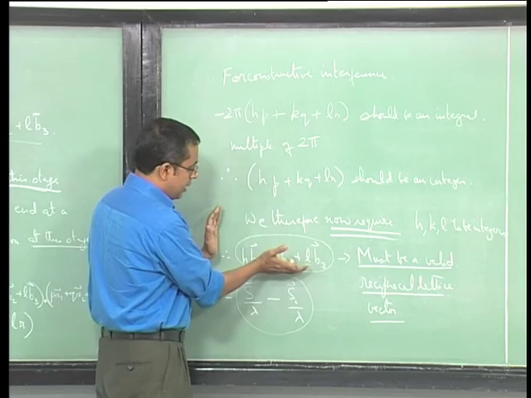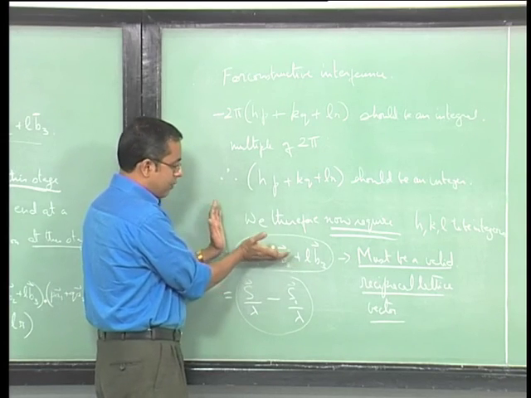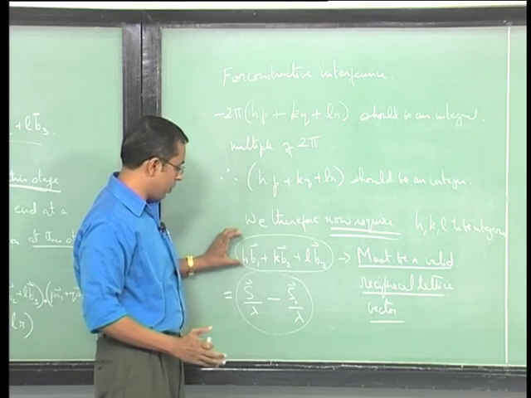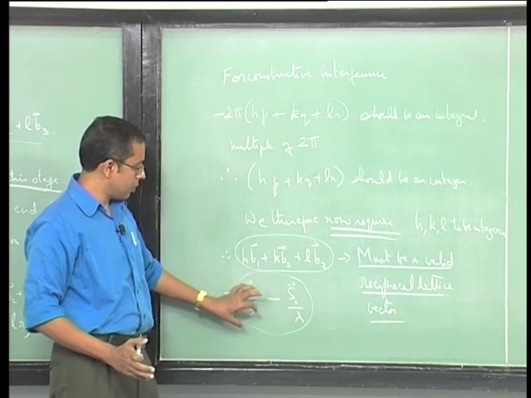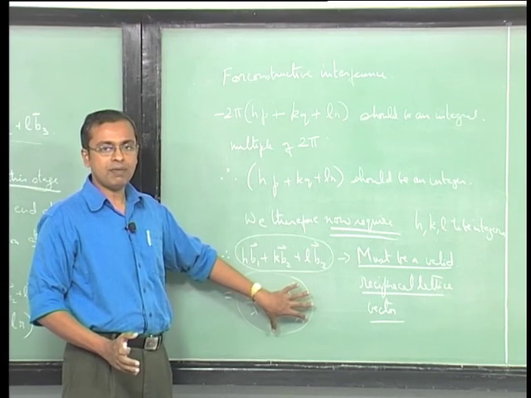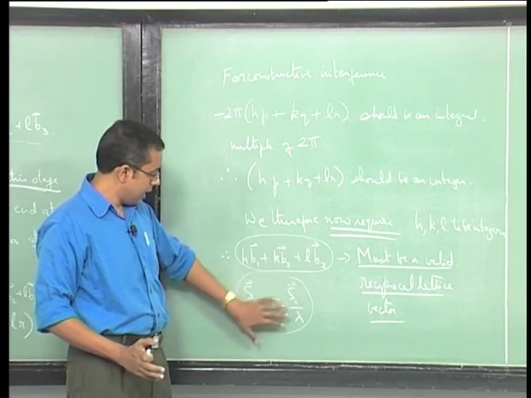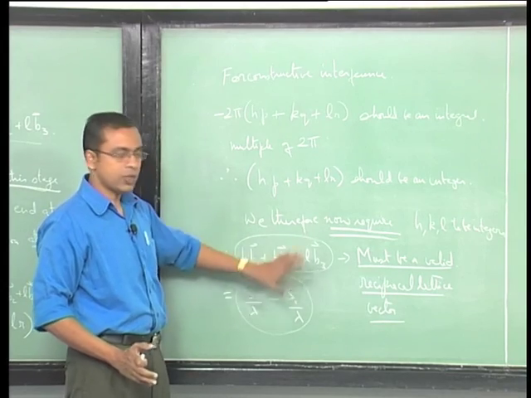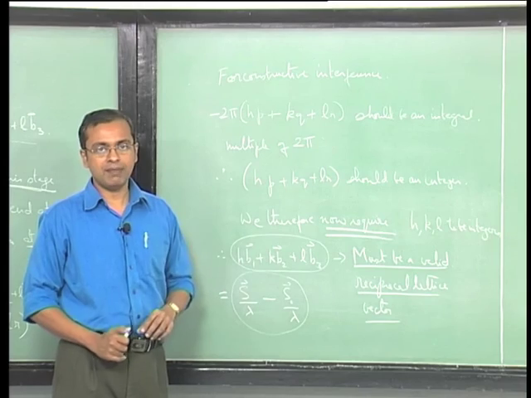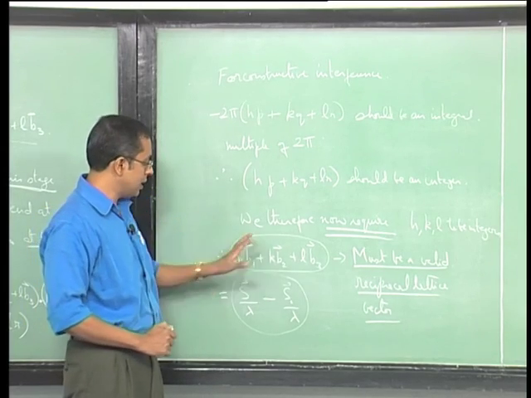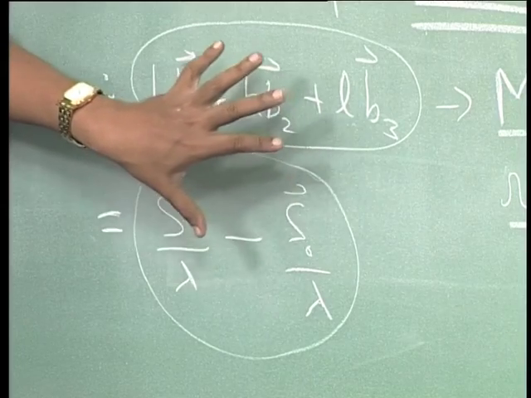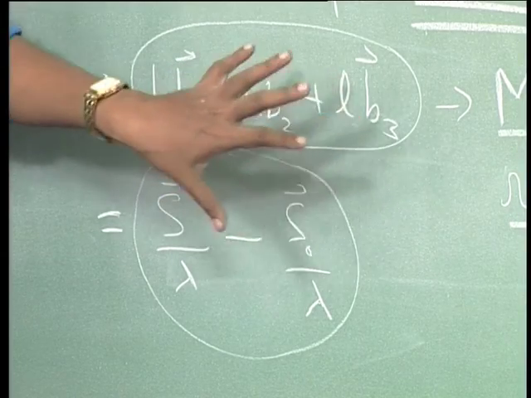We have the reciprocal lattice vector representing information about the reciprocal lattice on one side of the equation. We have the reciprocals of the wavelengths with the directions indicating the wave information on the other side. The fact that they are equal, with H, K and L being integers and therefore being a valid reciprocal lattice point, gives us the complete picture of how we represent the condition for diffraction in reciprocal space.